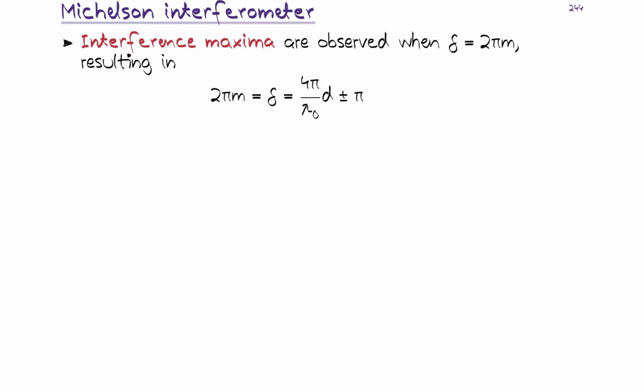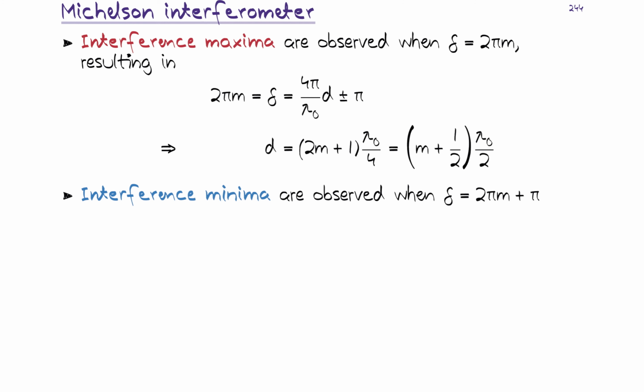Then we can solve this with respect to the d parameter, which is essentially the difference in the optical path lengths. This gets a form of 2 times m plus 1, m is an integer, times lambda naught, the vacuum wavelength, divided by 4, and we can simplify this into a slightly different form, where we have m as a single integer, not multiplied by 2.